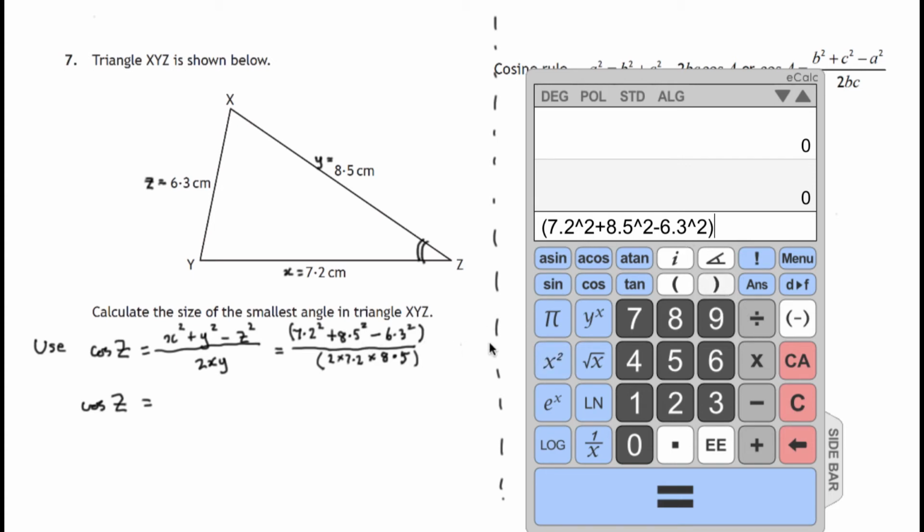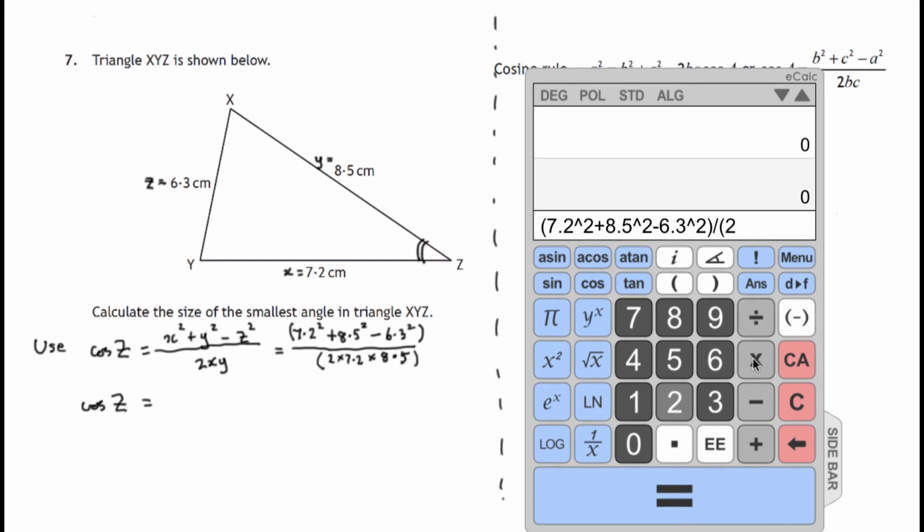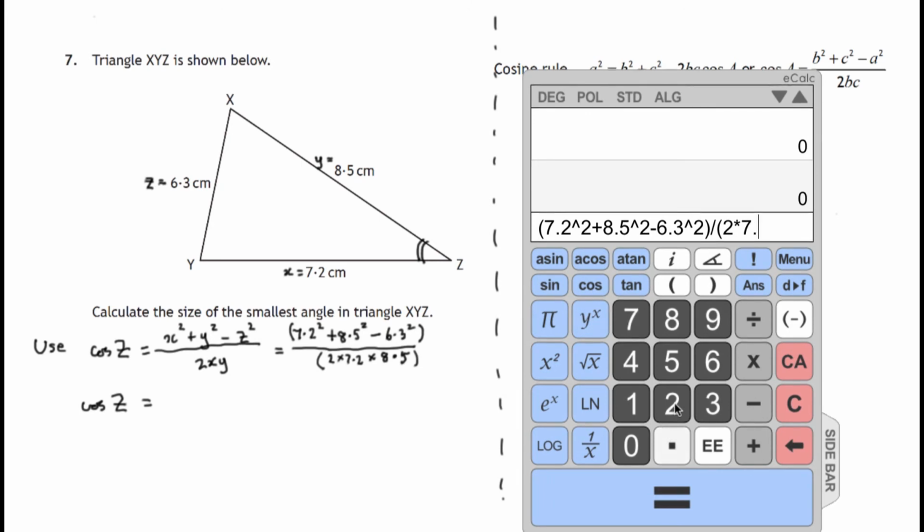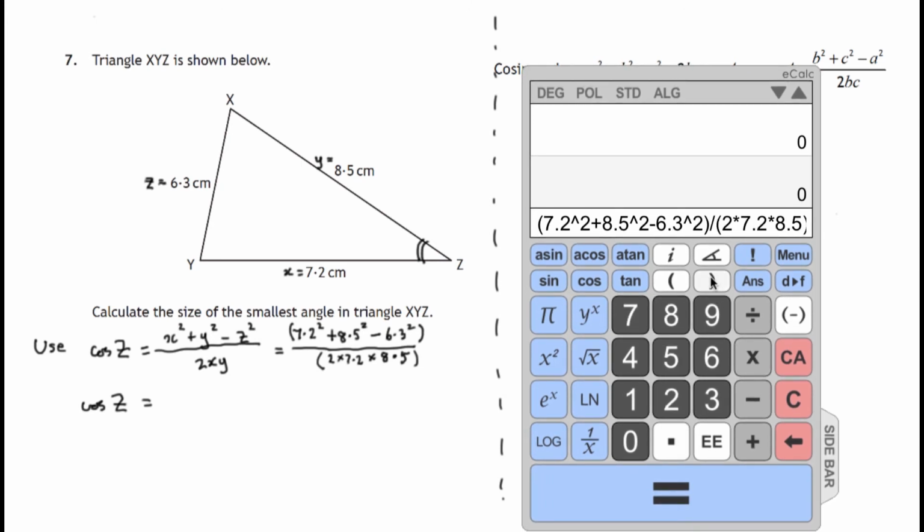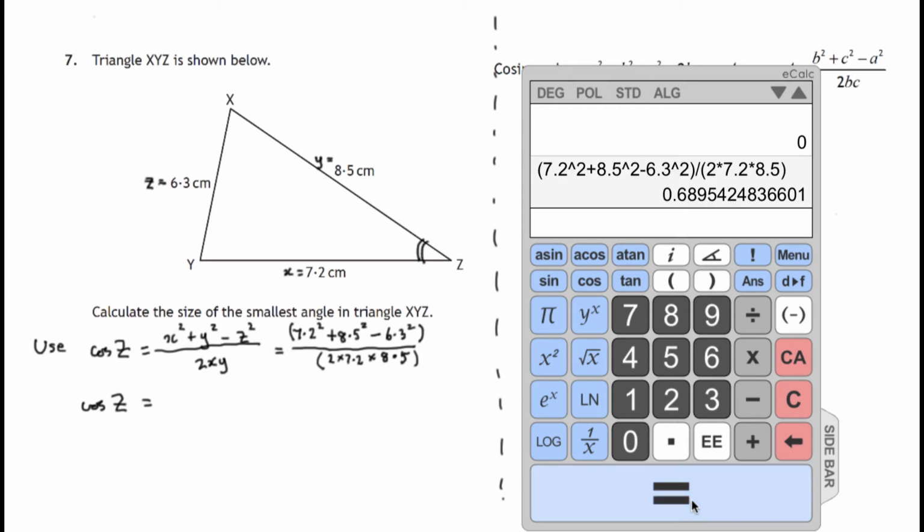The whole of that gets divided by, and let's start another bracket up, 2 times 7.2 times 8.5. Close our brackets. So there's the top line divided by bottom line. That all comes to 0.6895 and so on. So that's the cosine of angle Z.